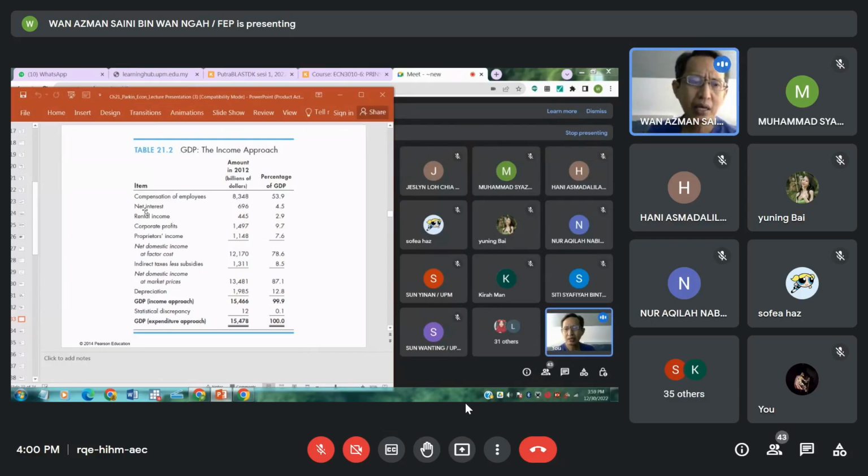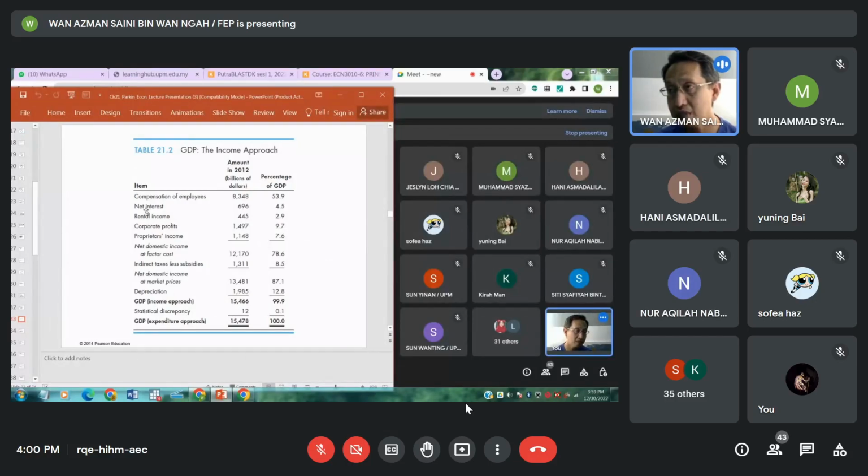Net interest is the interest income that we get minus the interest payments that we make. Sometimes we put some money in the bank and we get interest income. And then we buy cars, for example, or a house, and we have to pay bank loans plus interest.